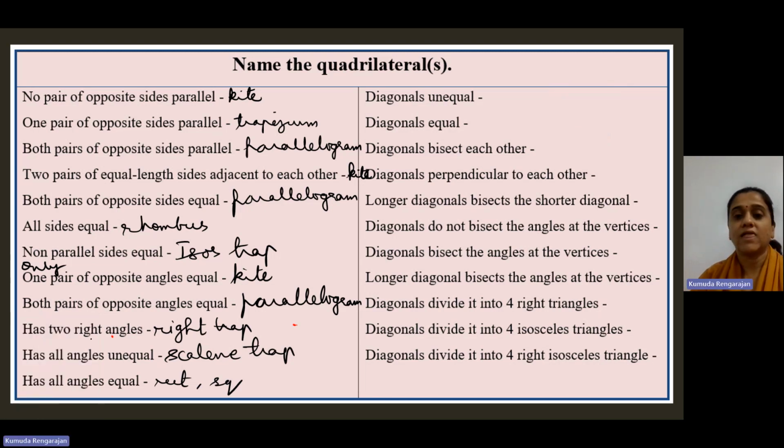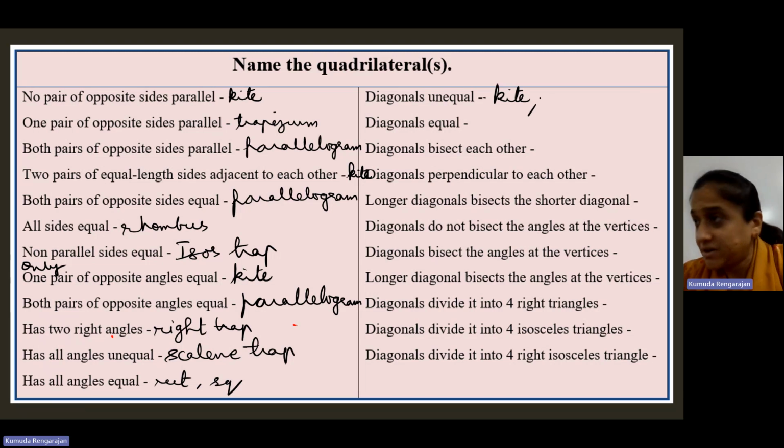Diagonals unequal. Come from the beginning. In a kite, are the diagonals unequal? In a trapezium? In a scalene trapezium, diagonals are unequal; only in an isosceles trapezium are they equal.